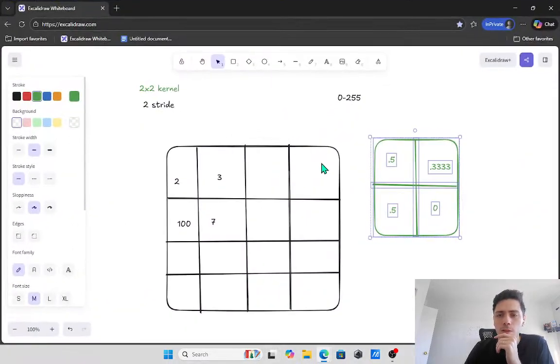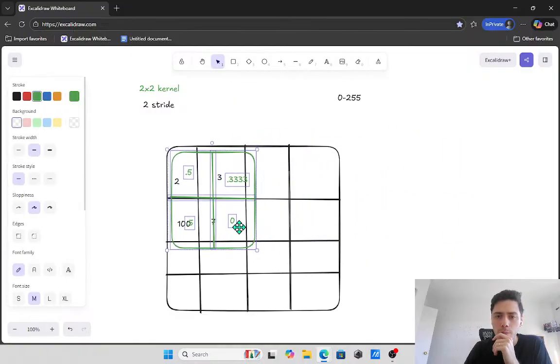Okay, so let's see if we get this. Theoretically we have this. I'm trying to make this look nice.